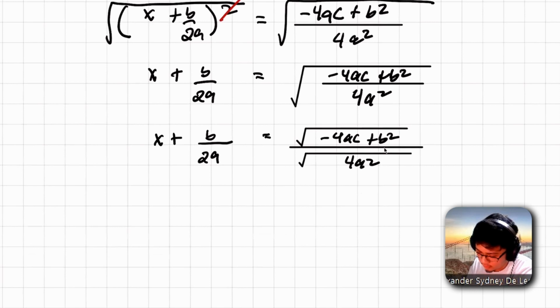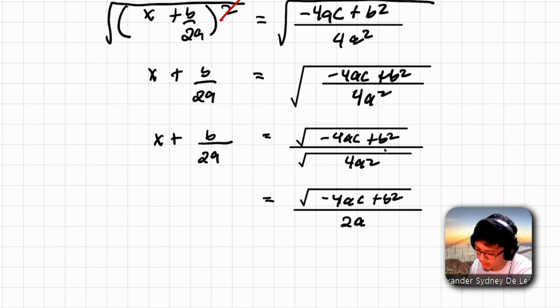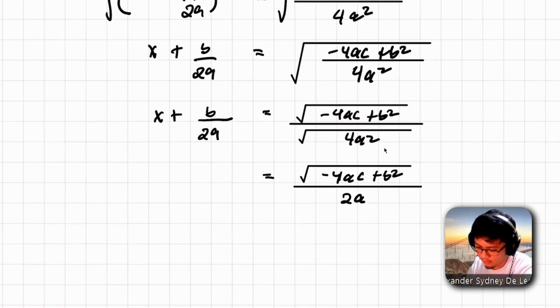And then, kunin natin yung square root ng denominator since pwede siyang i-simplify, di ba? Square root ng 4 ay 2. Square root ng a squared ay a. So, let's do that. Negative 4ac plus b squared over 2a. Right? Equal siya rito. X plus b over 2a.